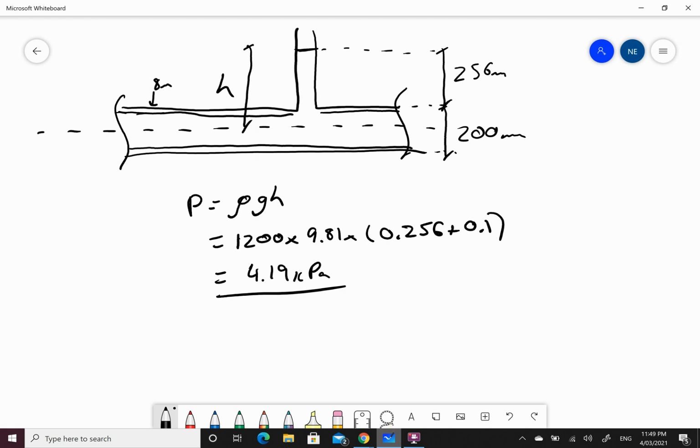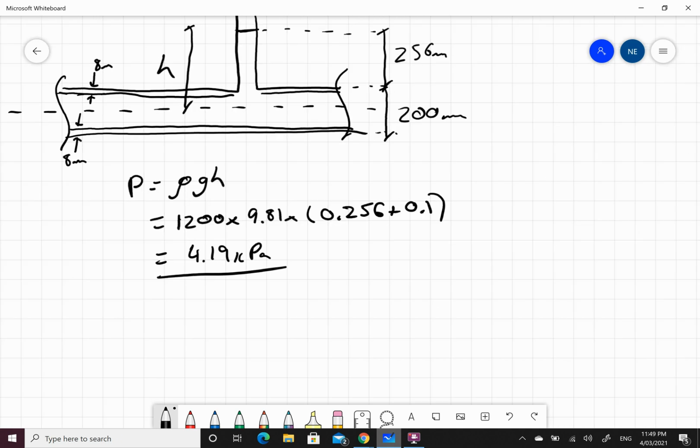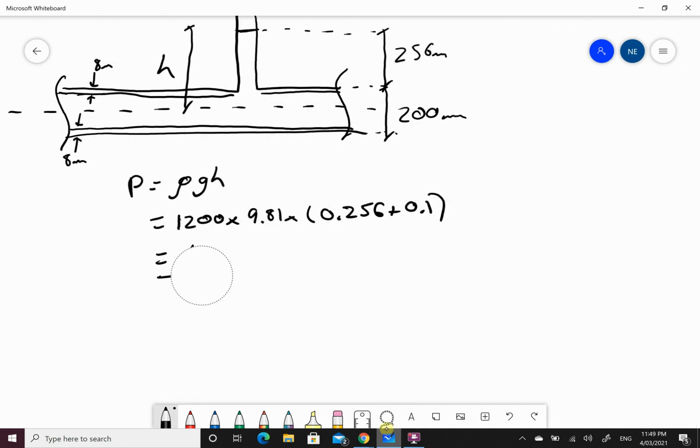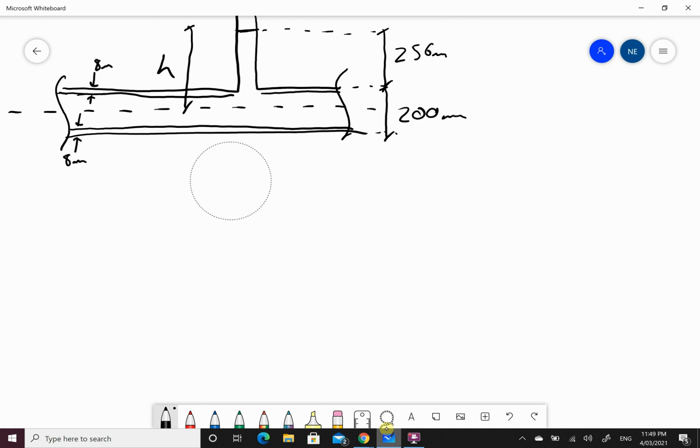So it's 8 millimeters. Same with here. Alright, so how do I work out the minimum and maximum? I'll just erase this in here. So we're looking at 3.3.